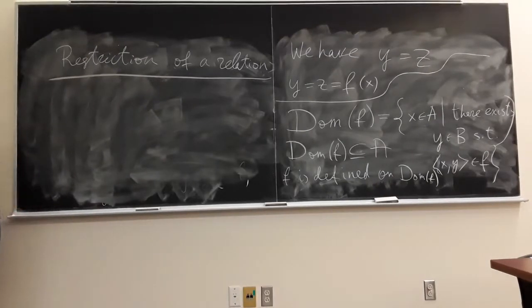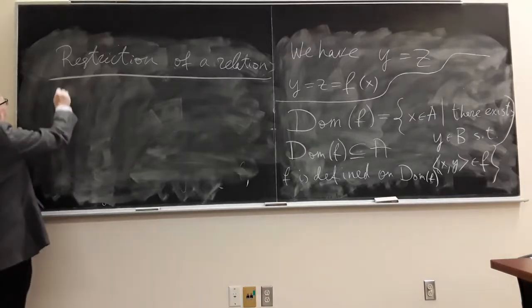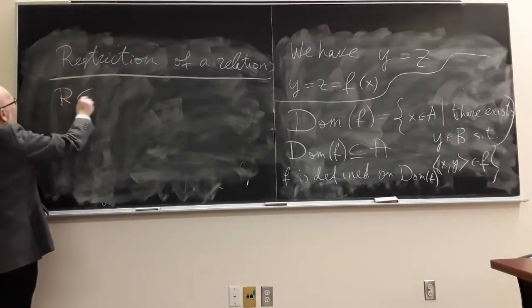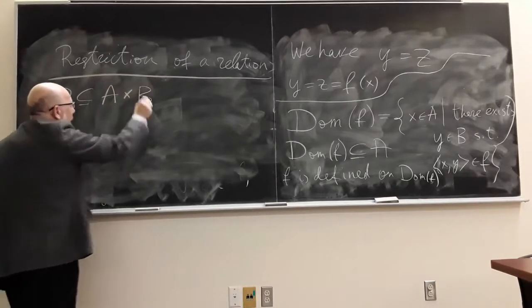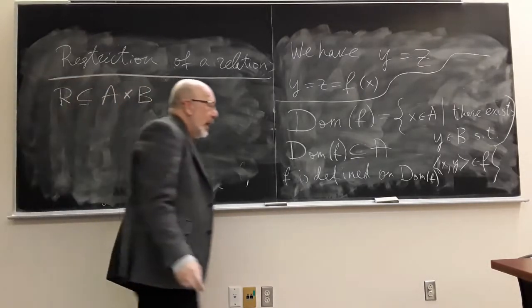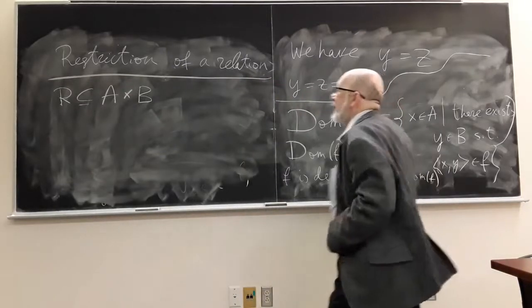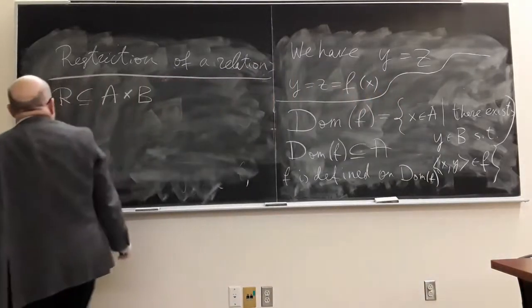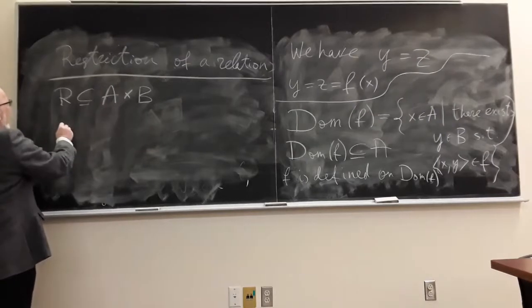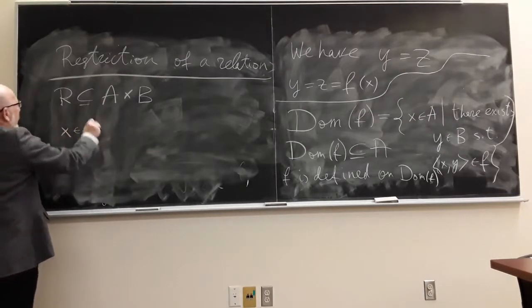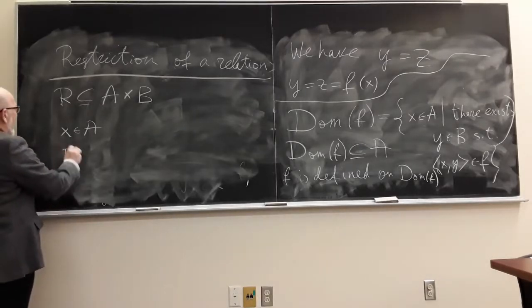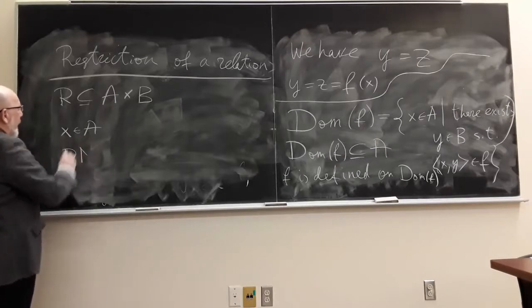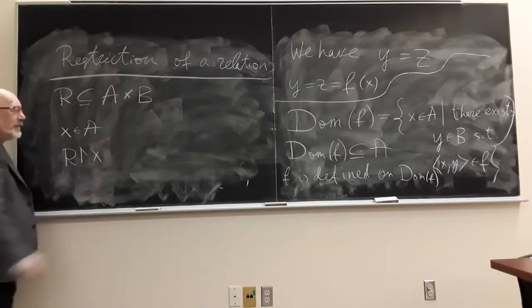Suppose we have a relation R in A times B. And we then consider some element x in A and define R, its restriction on x.